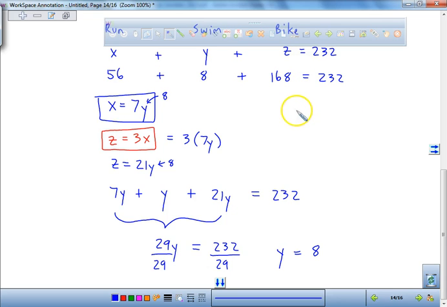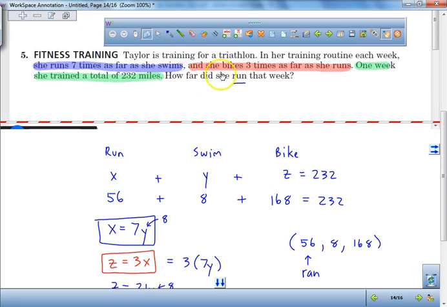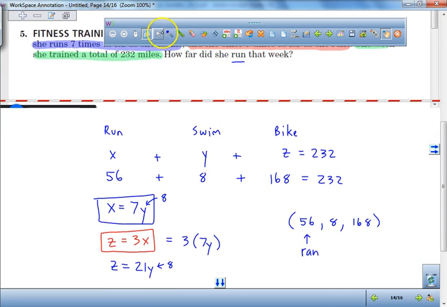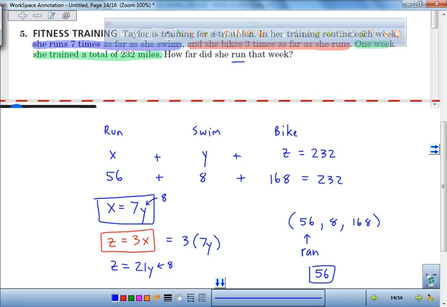Now, as an ordered triple, this is what you would write, okay? I know it didn't ask us for the ordered triple. However, it only asks us how far she ran that week. So if this was a fill in the blank, you would type in 56.